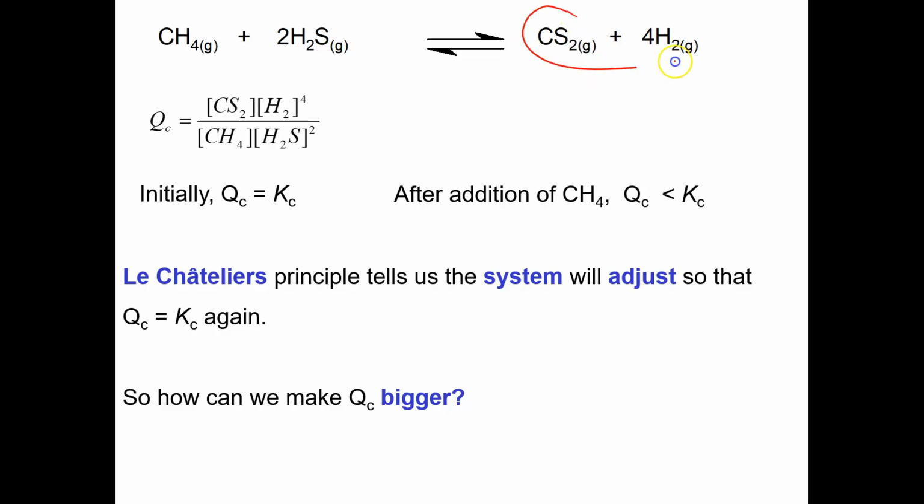Well, we need to increase the amount of products. We need to make the top line of our expression for Q bigger, or we could say also that we can decrease the amount of reactants. So the whole system needs to move to the right.